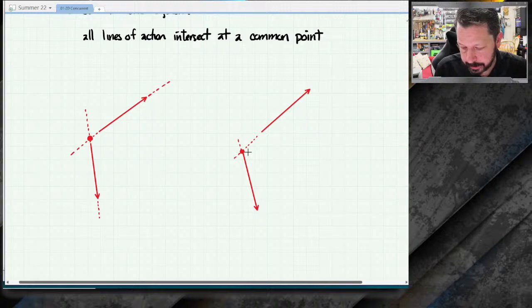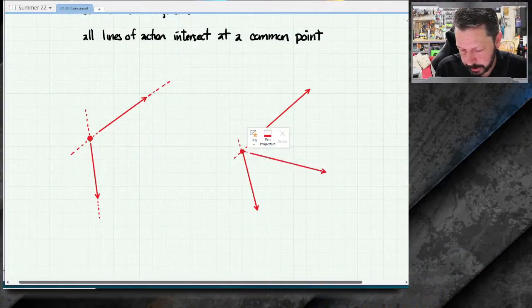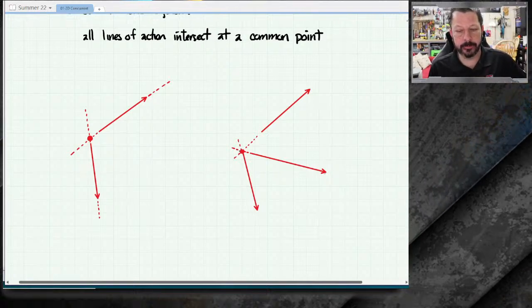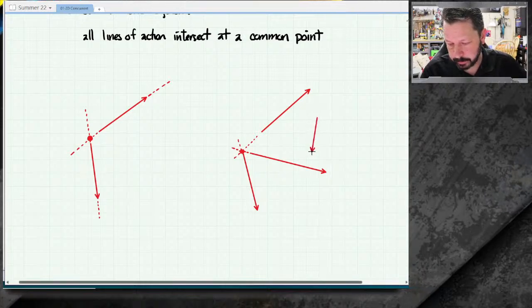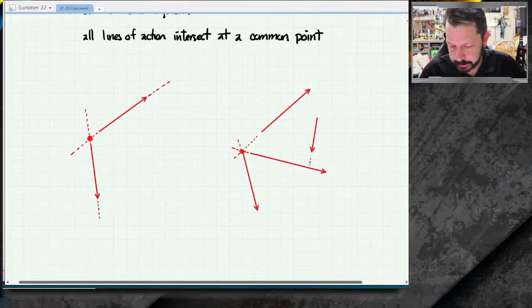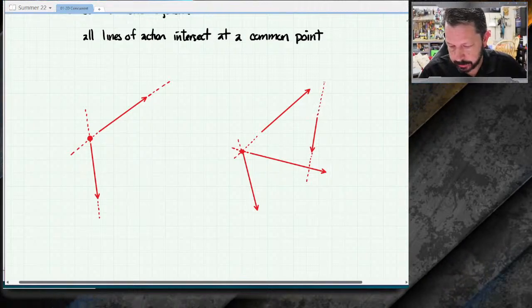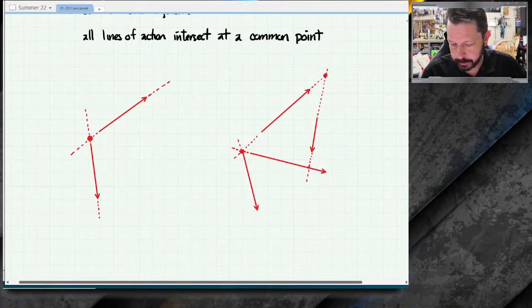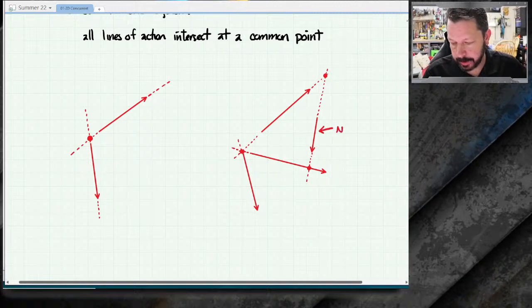If I add this force, yeah, that still intersects at that same point, so I've still got a concurrent force system. But if I add one over here, this one's line of action is intersecting in some totally different places, like over here and over here, and this one is not concurrent.